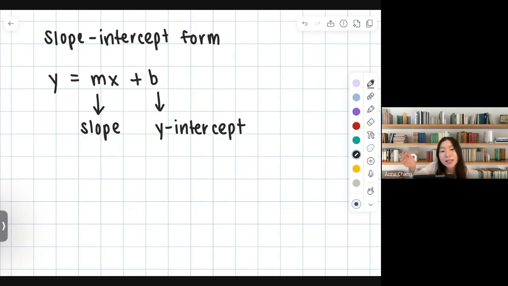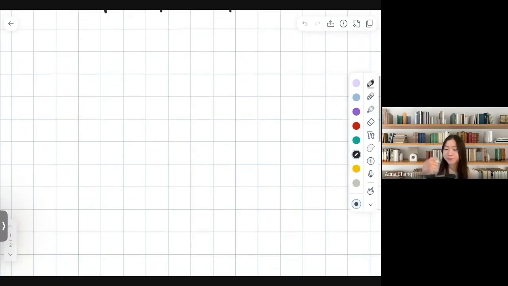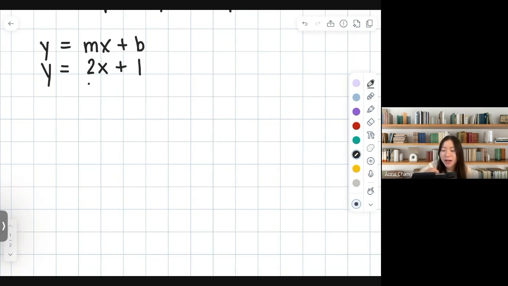Let's go ahead and take a look at an example. Y equals 2x plus 1. Here, following our y equals mx plus b form, we can identify the 2 to be our slope. This is our m value.